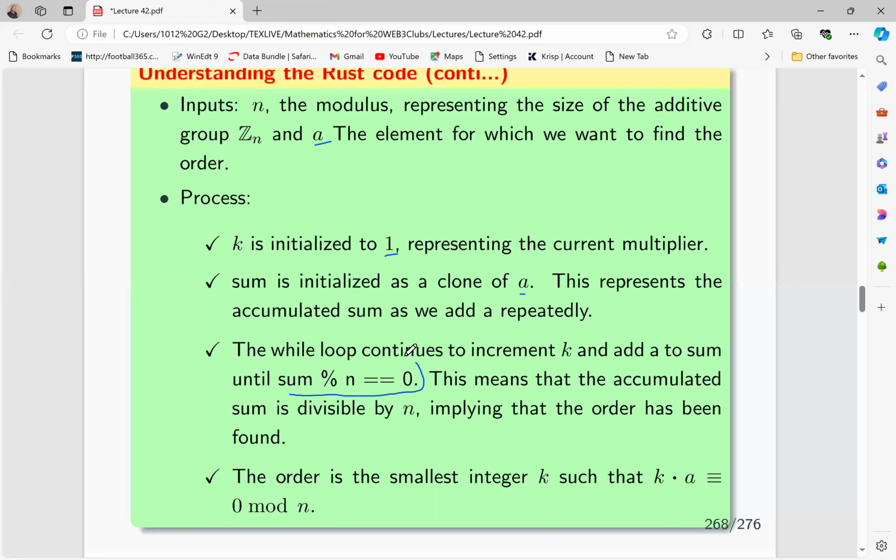If the sum divided by n equals to 0, this while loop stops. But while the sum on division by n has a remainder not equal to 0, the loop continues. And when the loop continues, you increment k by 1 and also increment the sum by a. So you do that until you find k.